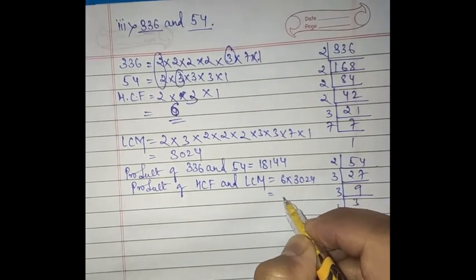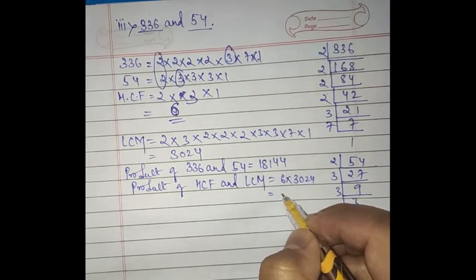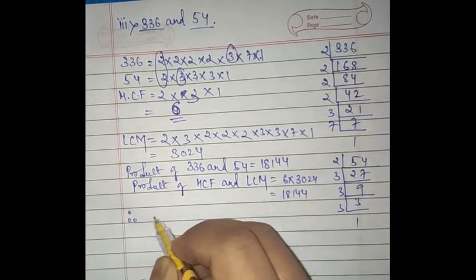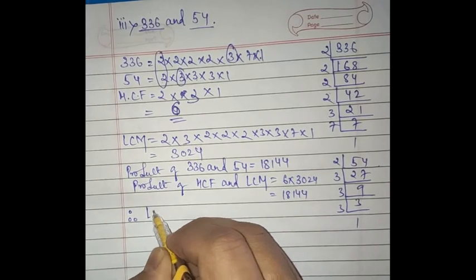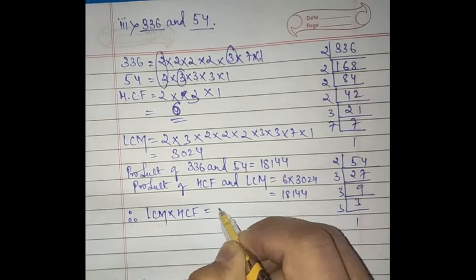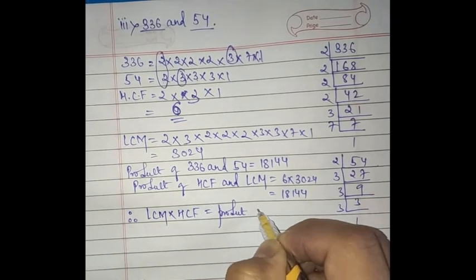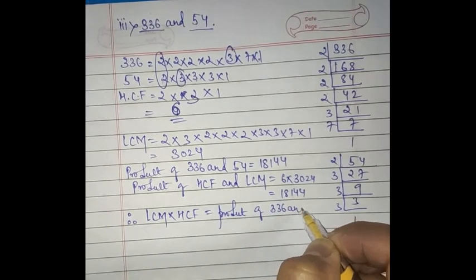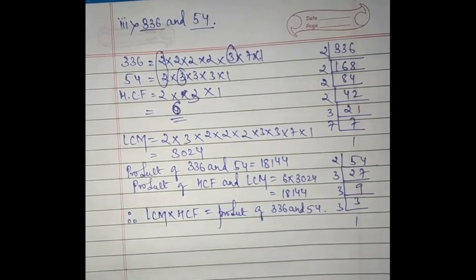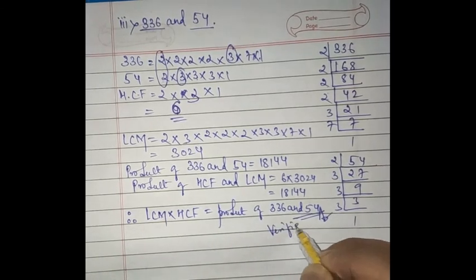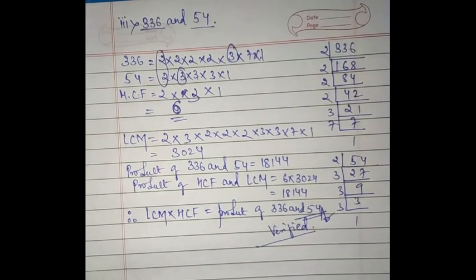It is okay, it is 18144. So therefore LCM into HCF or HCF into LCM is equal to the product of 336 and 54. Alright, this is verified. Alright, I hope you are clear with this.